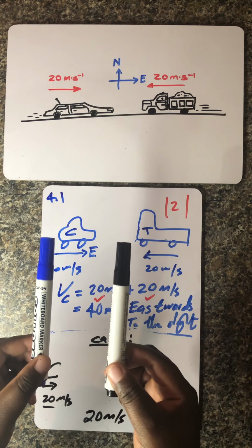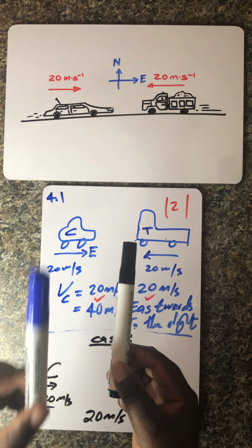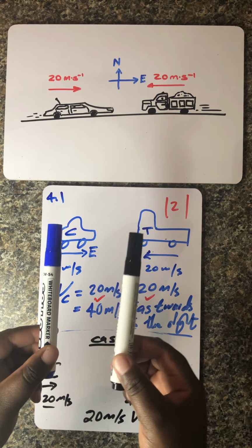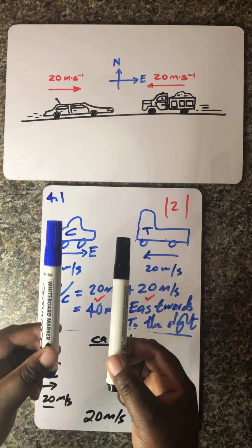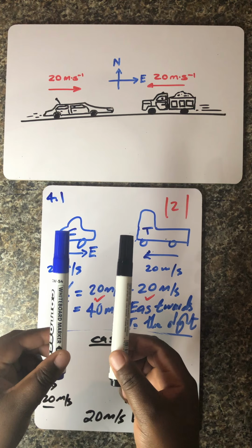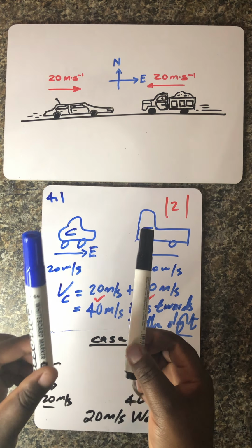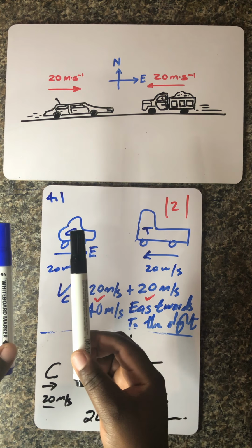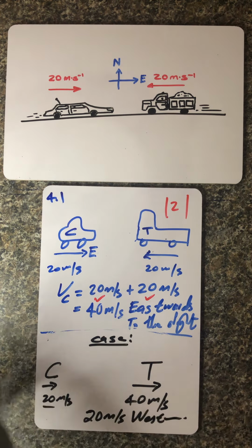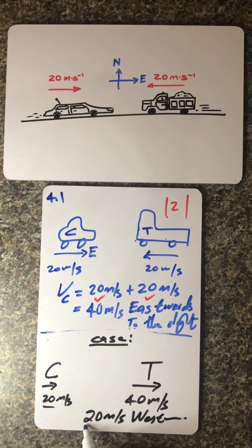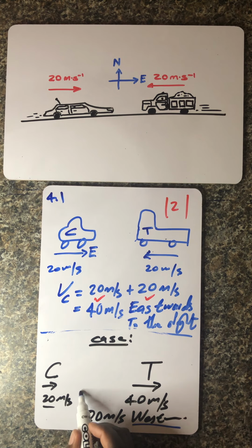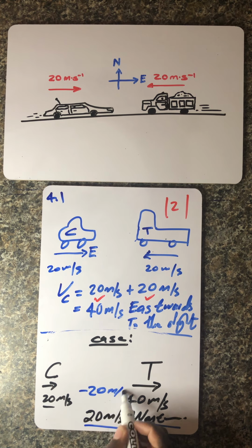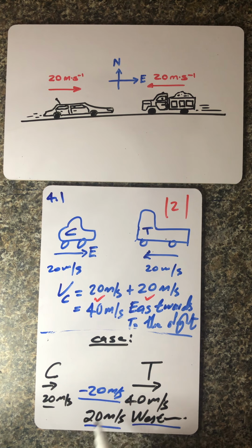So this is now faster than this one. When you look at these two and you specifically look at the speed of the car relative to the speed of the truck, it's more like the car is being left behind. It's more like the car is delayed by 20 meters per second because the truck is moving faster. That's why it seems as if it's moving at 20 meters per second, but in the opposite direction, or otherwise it's being left behind by 20 meters per second.